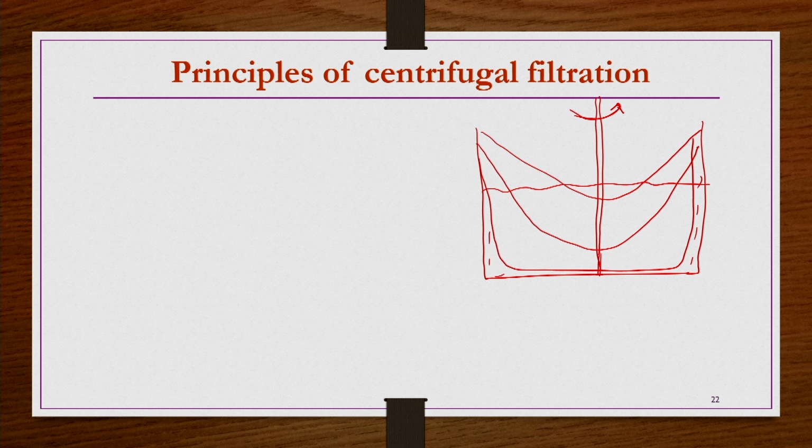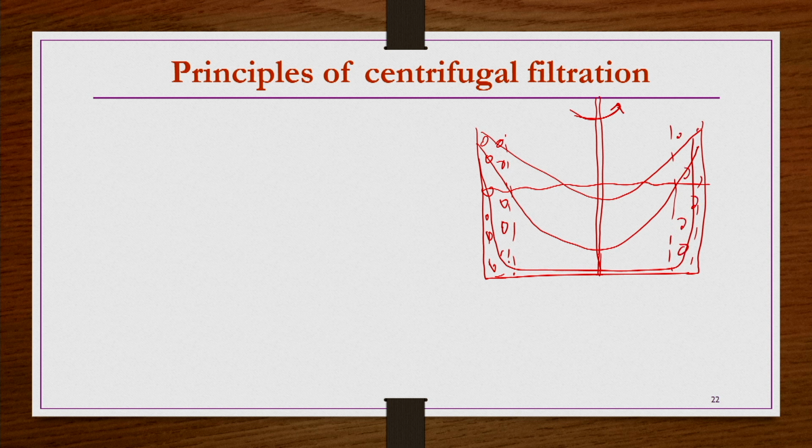Okay. Now, when the centrifugation takes place, the heavier material, which in the slurry are the particles, would be gradually deposited on the surface of the bowl, like this, on either side.